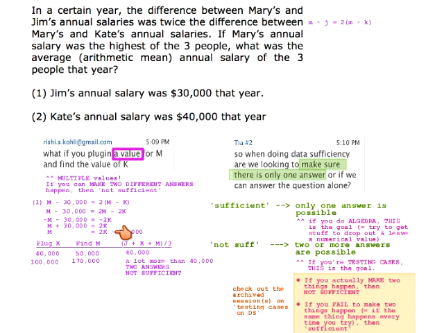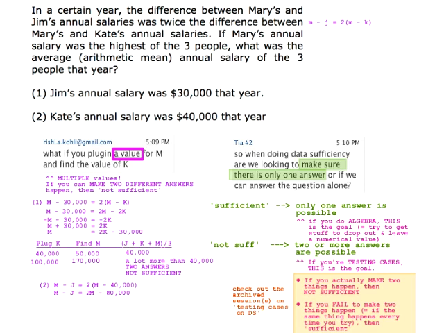So that's not sufficient. And statement 2. Now we have a number for k, but not for j. So this is back to being j again, and now this is 40,000, and now it's statement 2. So m minus j is 2m minus 80,000.